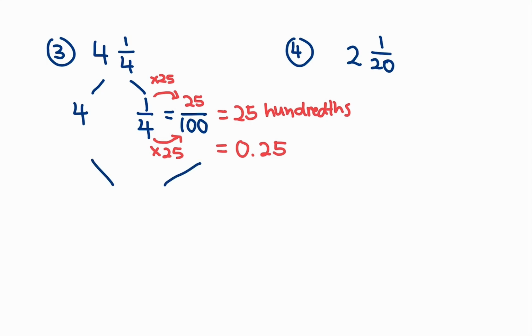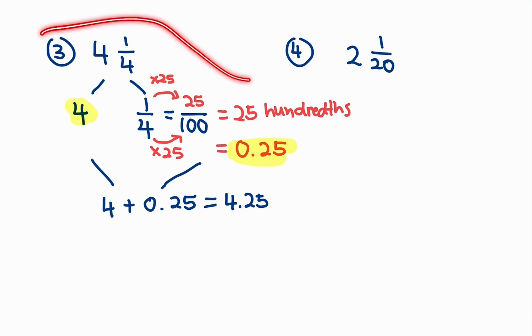And take what values? The old value or the new value? You take the old value, the 4, and the new 0.25. So I'll take my 4 plus my 0.25 equals to? This is your ones place, right? So you add your ones place. What do you get? 4.25. Okay, 4.25. Easy?